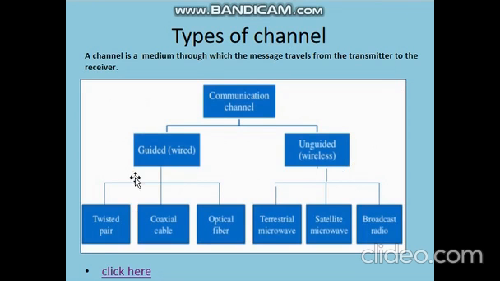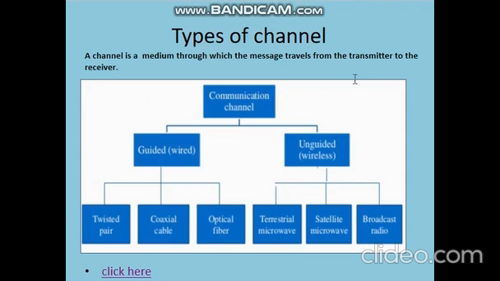The guided channels are of different types like twisted pair, coaxial cable, and optical fiber cable. In the unguided medium, the different types of channels are terrestrial microwaves, satellite microwaves, and broadband radio.